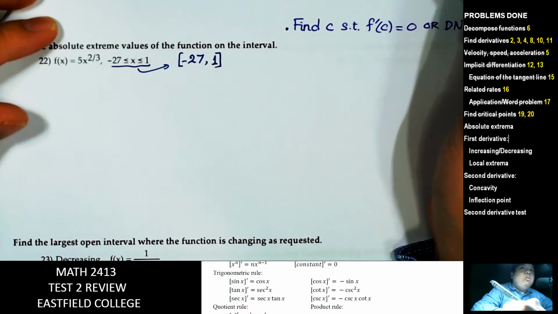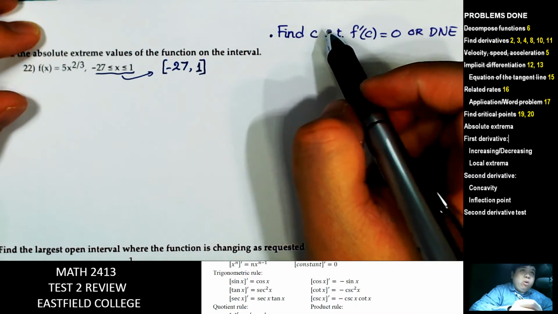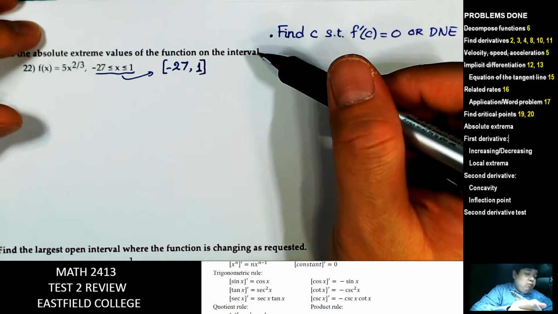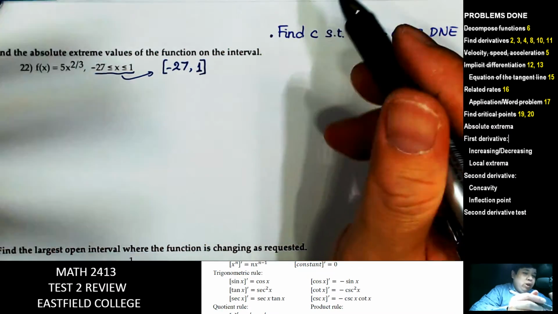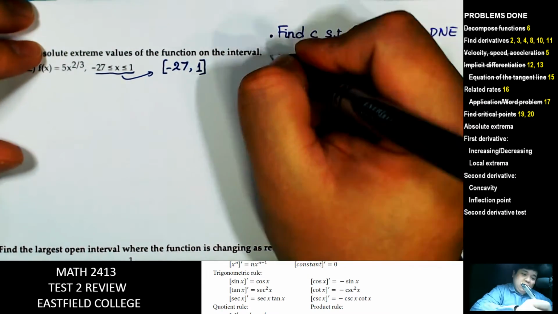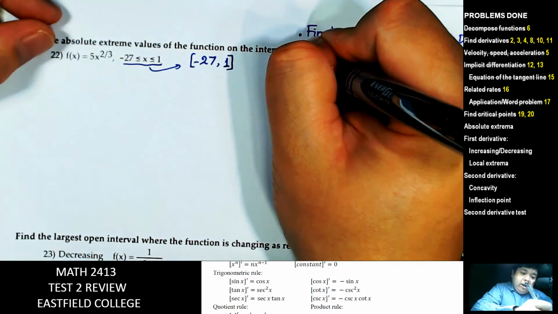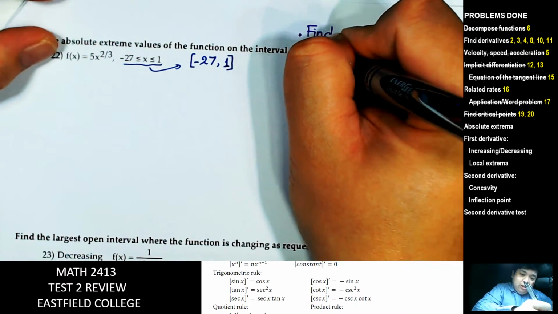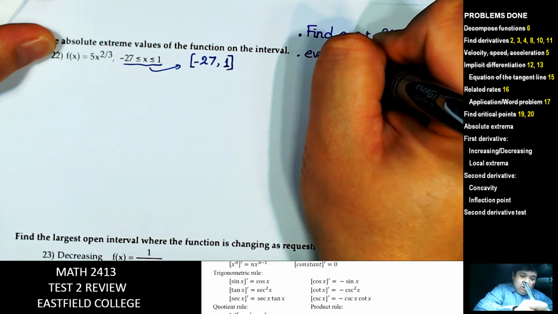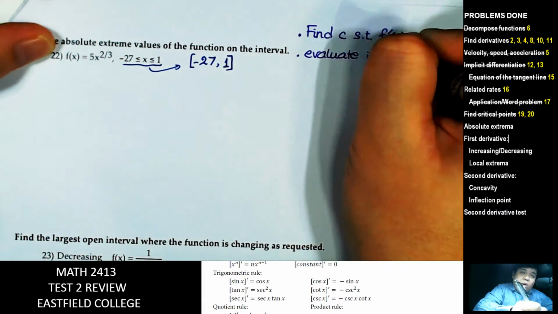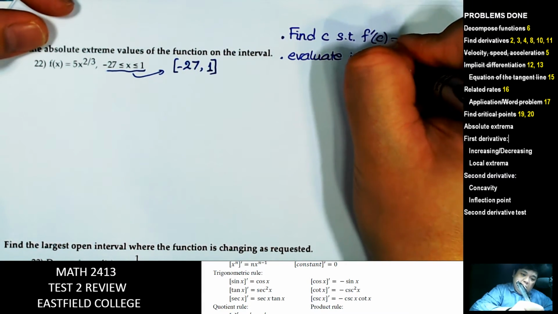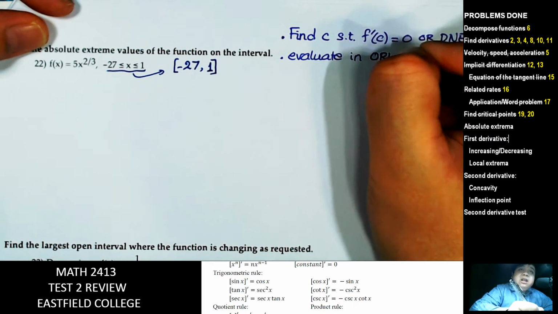That is not a critical point because a critical point requires that c is in the domain. No need to check. And then we just evaluate in the original function. I just write it in shorthand notation here.